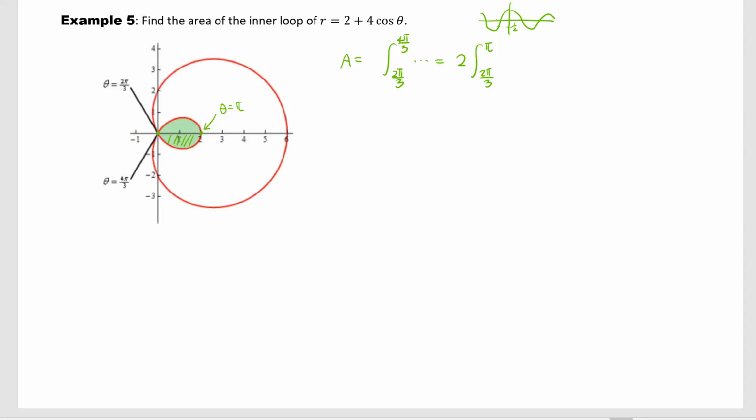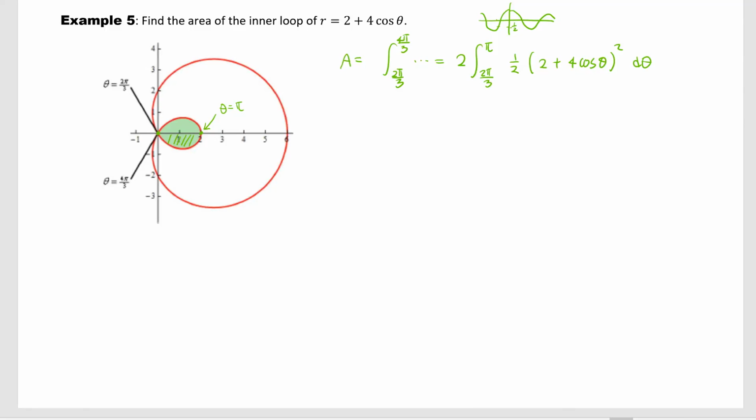So that's why, continue, 1 half r squared. So (2 plus 4 cosine theta) squared. And you notice that at pi, your r is negative, but because you square it, even though the r is negative, it's okay. You still have a positive area.